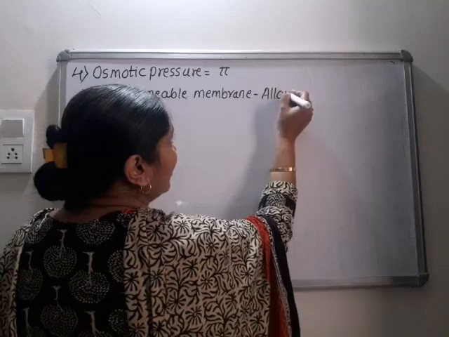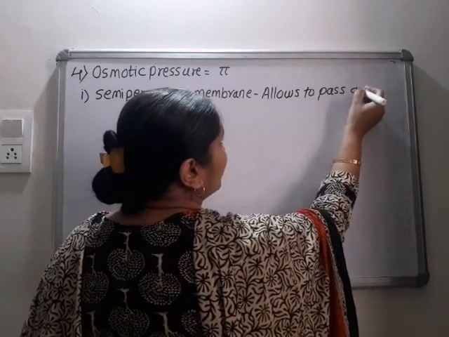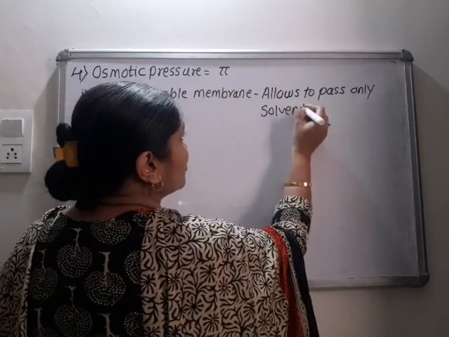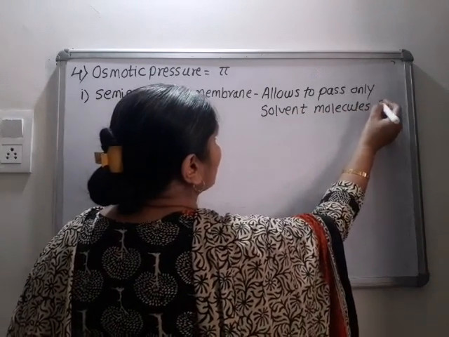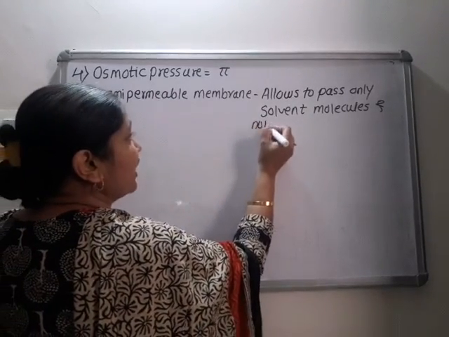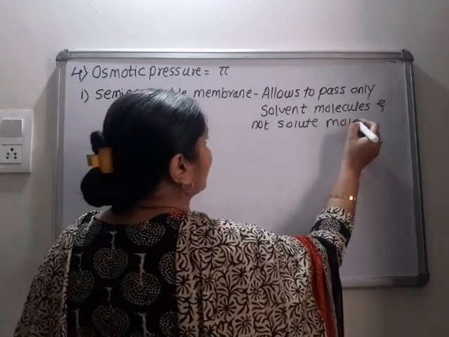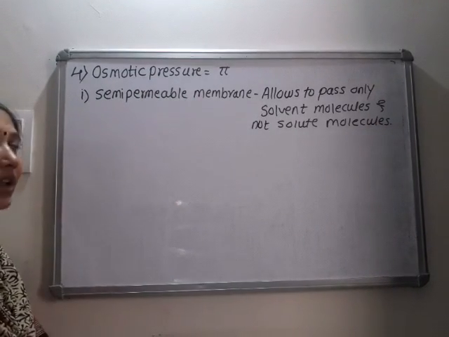It allows to pass only solvent molecules and not solute particles or molecules. That is called a semi-permeable membrane.